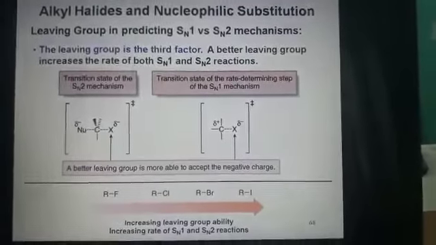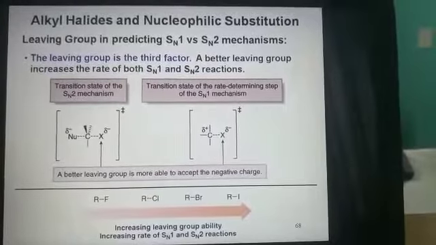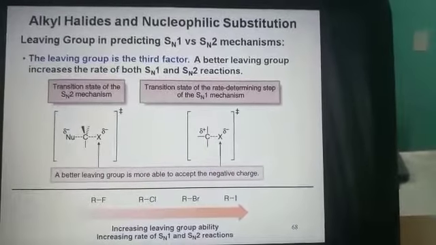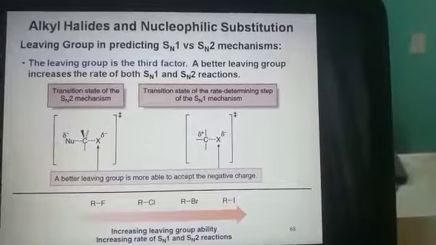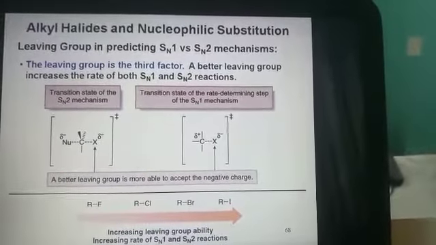Now the third point in predicting the SN1 versus SN2 mechanism is the leaving group. A better leaving group increases the rate of both SN1 and SN2 reactions.